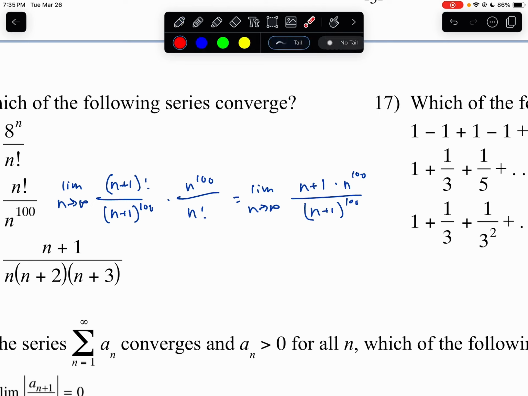The degree on the numerator here is 101. You have this 100, but you are also multiplying it by this one right here. So this is a polynomial to the 101st, and this is a polynomial to the 100th degree. If you run its course, obviously it would take a long time, which we're not going to do.